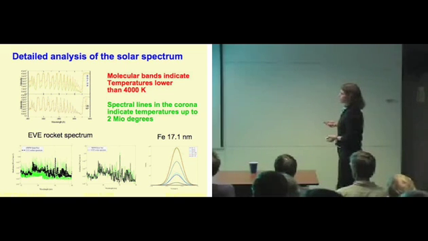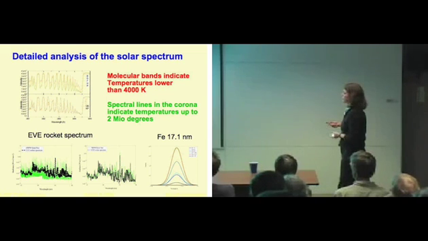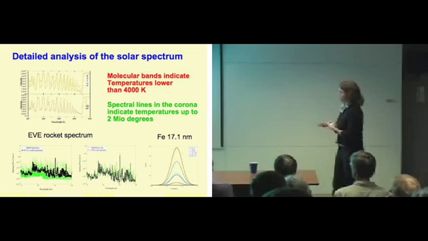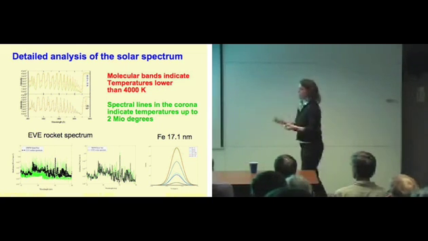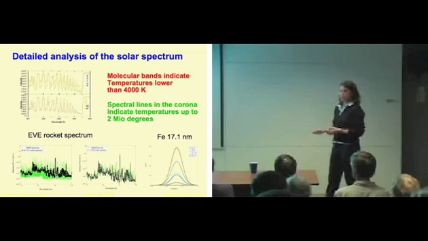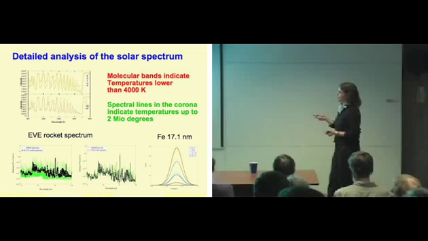Whenever we see such features in the solar spectrum, and this is now at high resolution, which couldn't quite be observed with the instruments I've shown before, if we have molecules, that means the temperature can't be very high in the solar atmosphere. It has to be at a certain temperature. So whenever we see these features, we know that the temperature is about 4,000 kelvins or even lower.